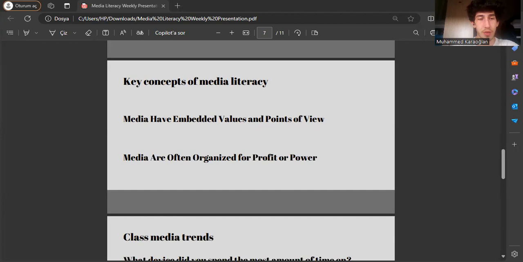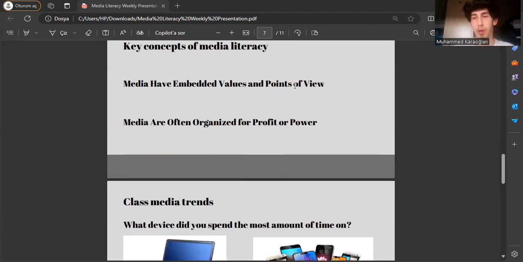Critical questions to ask include: what is highlighted or deemed important? What is considered right and true? What is represented or omitted? What assumptions are made? We need to be careful about these questions.